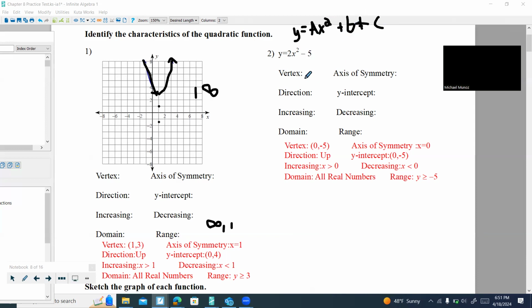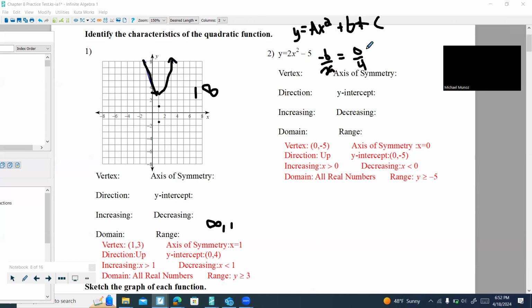The b part would be 0. So to figure out a vertex, we do our equation negative b over 2a. And since b is 0 and a is 2, it would be 0, and then 2 times 2 is 4.